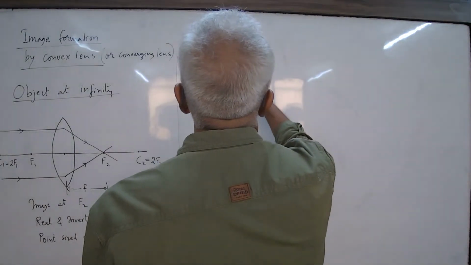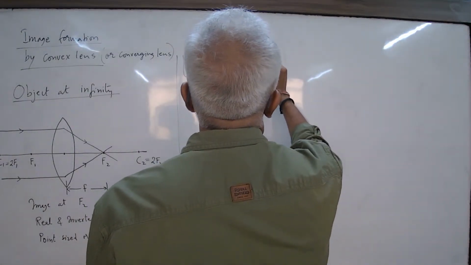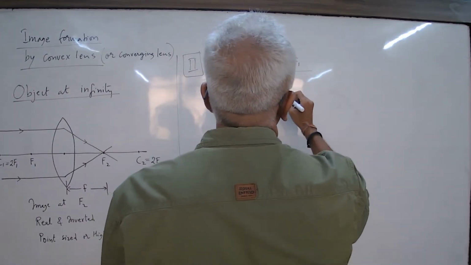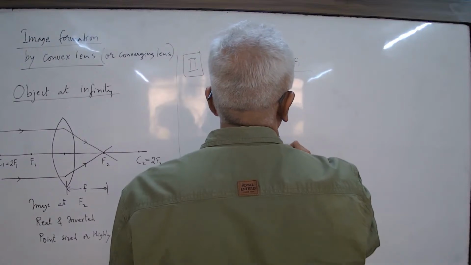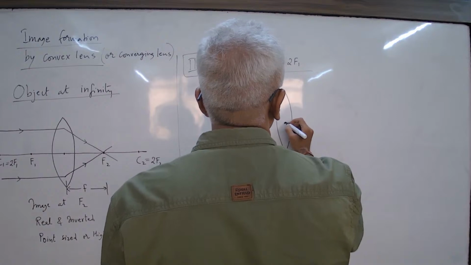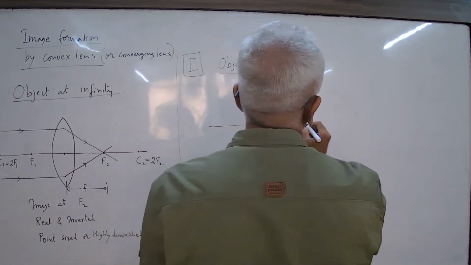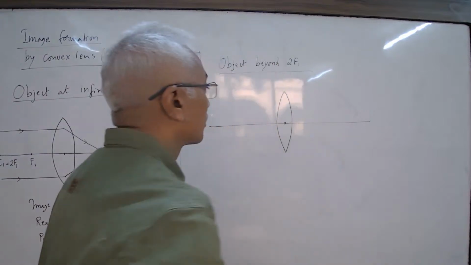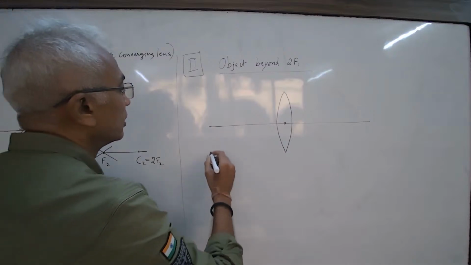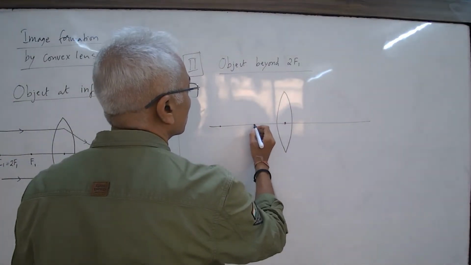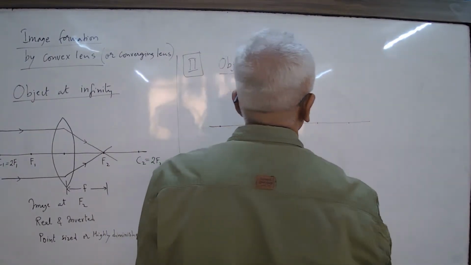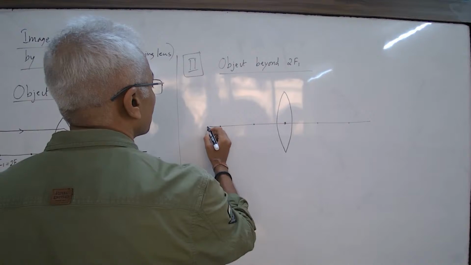So, object beyond F1. First thing is draw the lens, draw the principal axis, mark center of curvature and focus on both sides. Then place the object.